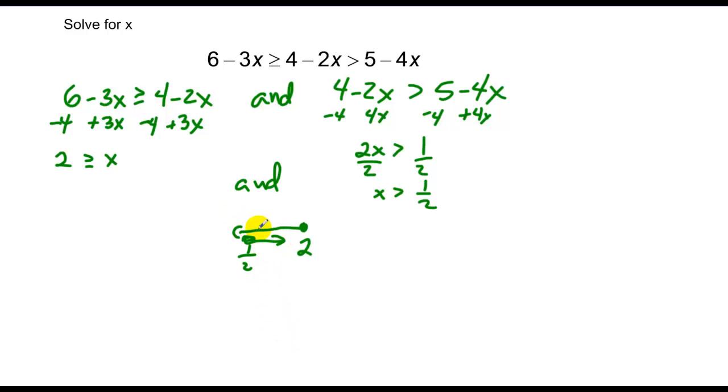I want to graph the overlap, which goes from positive half, with an open circle, to 2 with a closed circle. In interval notation, small number a half, large number 2, 2 is included, gets a bracket, half is not included, gets a parentheses.